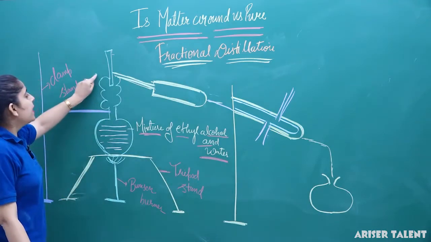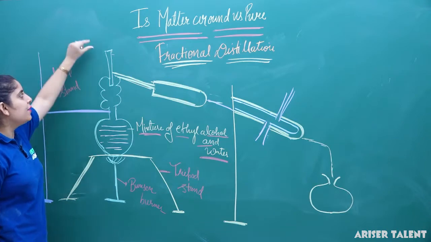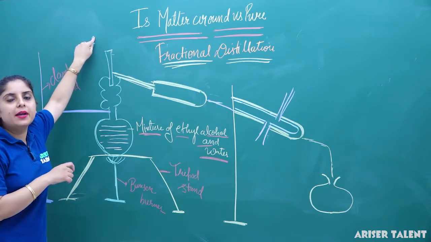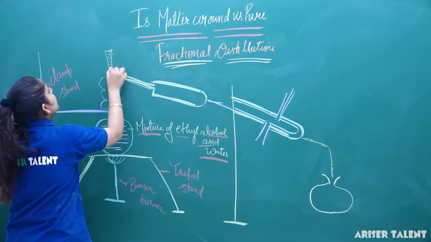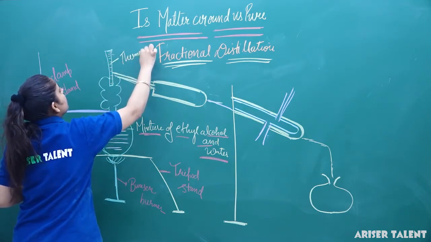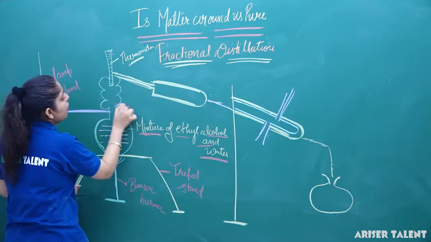Now we have taken a fractionating column here. You can see that this is a fractionating column, and here we have used a thermometer which is going to tell you the boiling point at different levels. Okay? So this is about the thermometer. And this is the fractionating column we have taken.